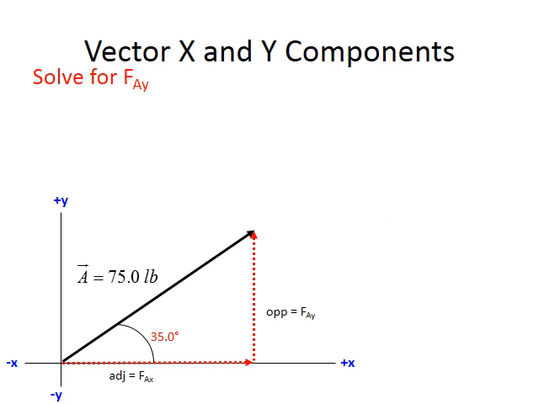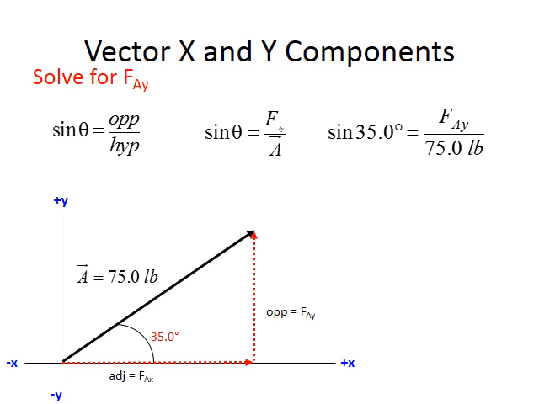And we can do the same thing for y. And for y, we would use our sine theta relationship, plug in our values, and here we have for our opposite F sub Ay, and for hypotenuse, that again is A. Going a step farther and plugging in our numbers, we have sine of 35 degrees equals F sub Ay over 75 pounds.